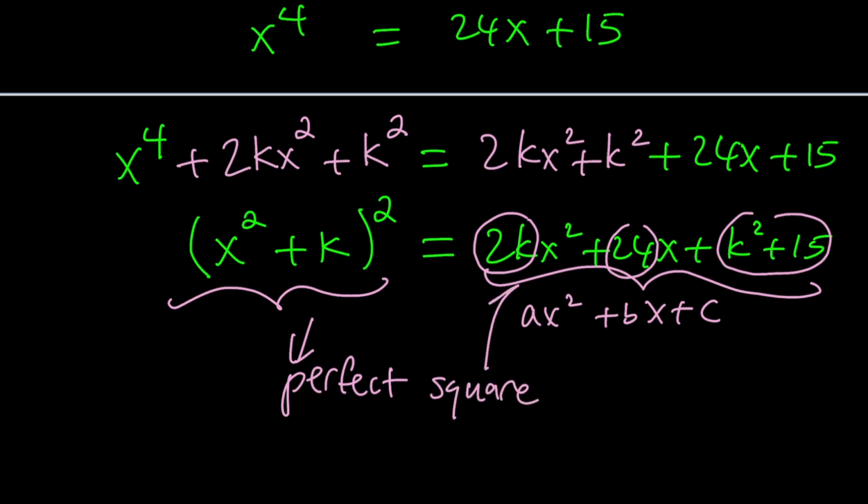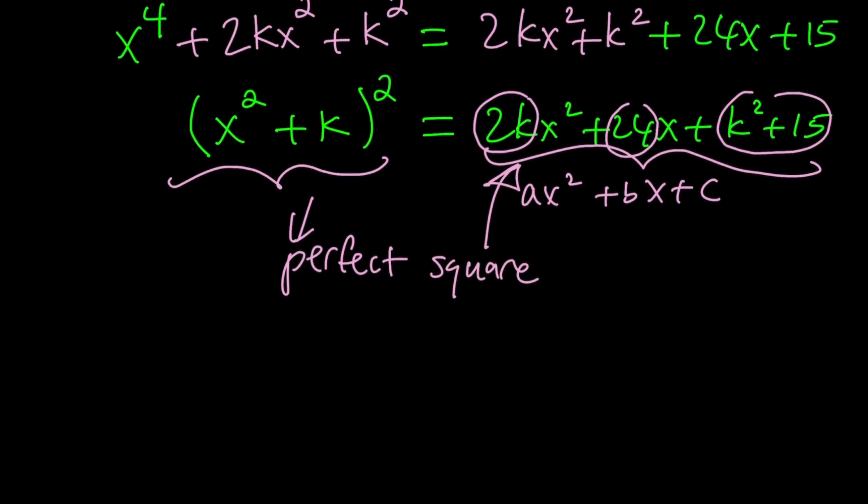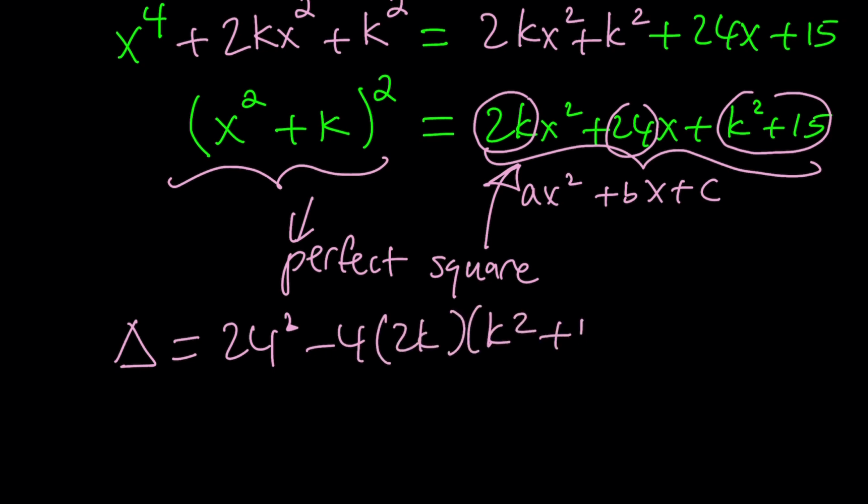So this means that the discriminant of the quadratic needs to be 0, okay? And what is the discriminant, or delta? B squared minus 4ac. And we want it to be 0 because perfect square means delta is 0, okay? Awesome.